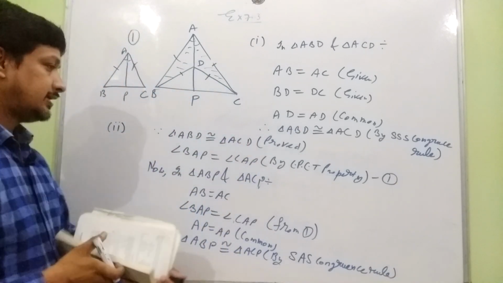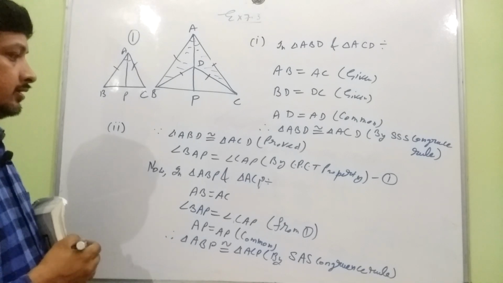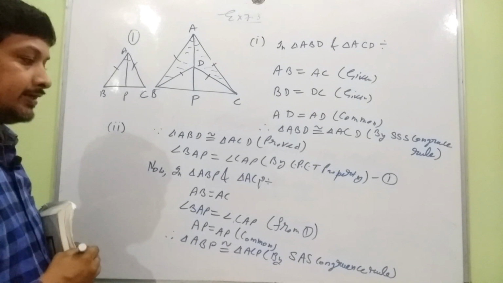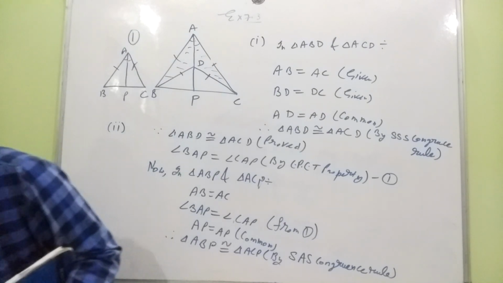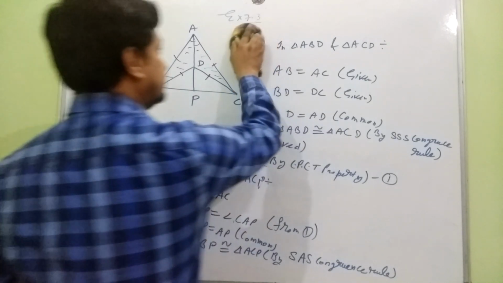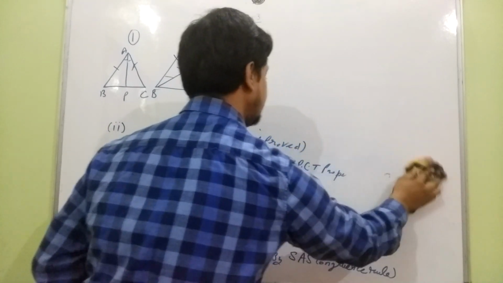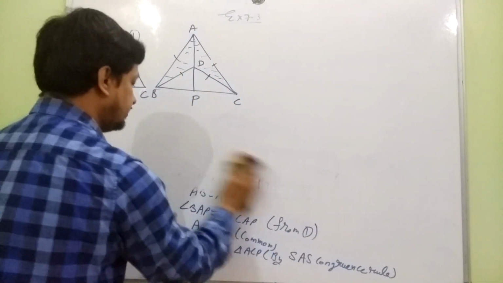Okay, so these are the two things which we have proved. So you can just note down this. I am erasing first and second part. You can pause the video always when you want to note down this.